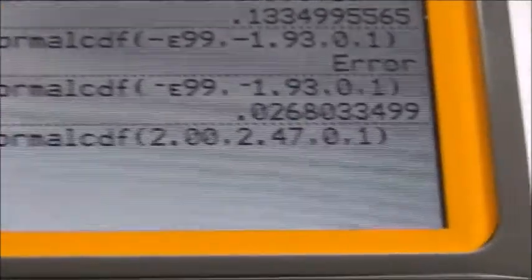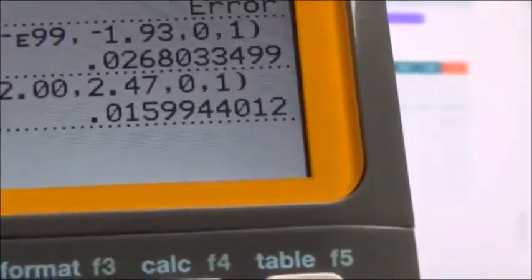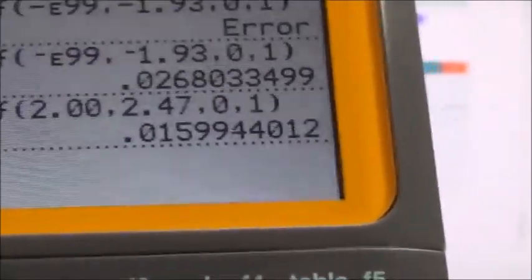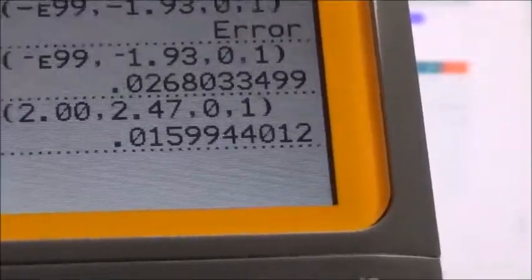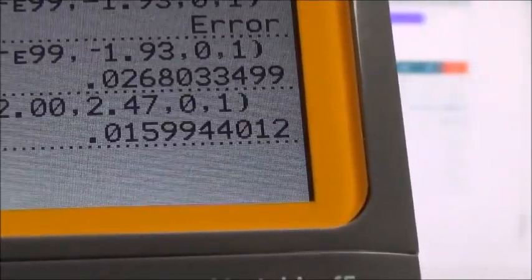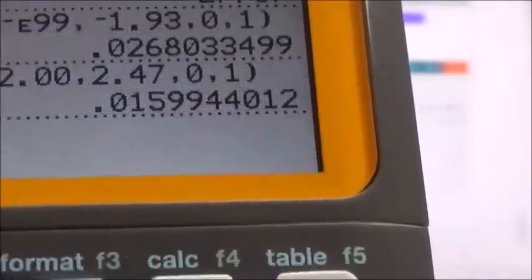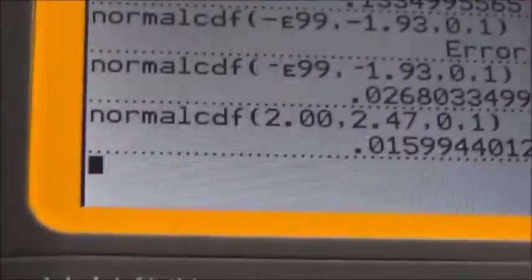And if I enter through there, my area in the middle is 0.0159. So if I round that off, 0.0160 would be my value. And so on the graphing calculator, it's pretty easy to do between two numbers.